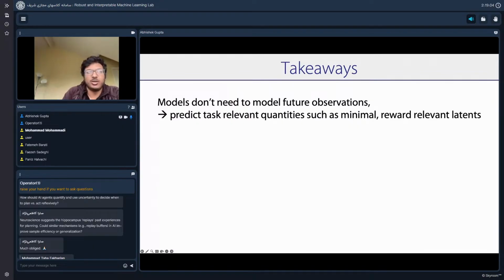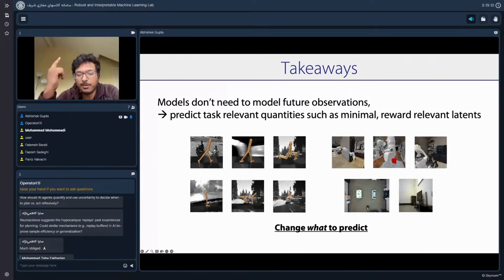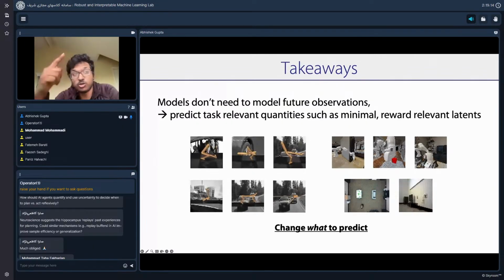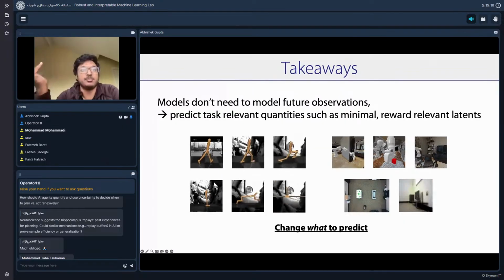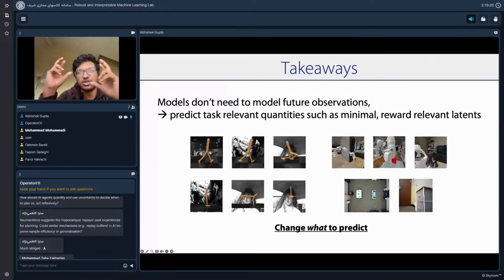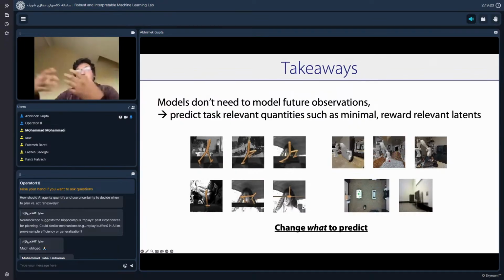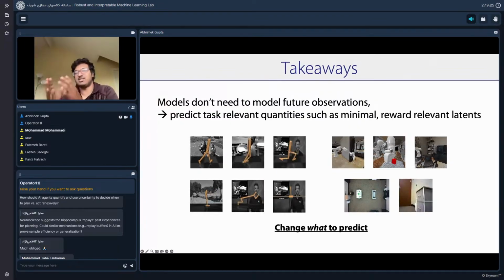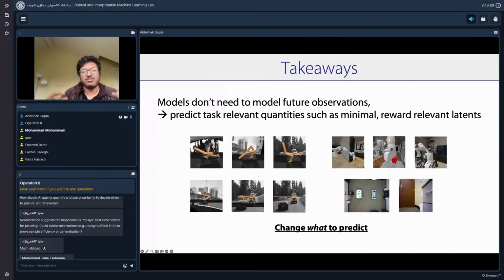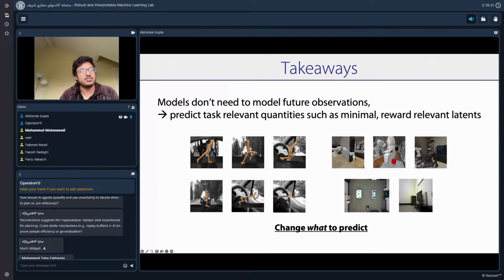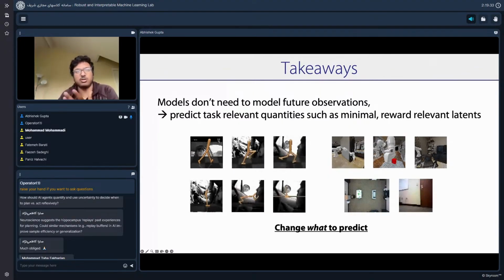We introduced this information bottleneck approach to do this, and essentially what it boils down to is representations that are predictive of current and future reward while minimally predicting things that are unpredictable. So you're changing what to predict from just predicting future frames to predicting just the things that are necessary for decision making. That defines a new style of world models, world models that are focused on decision making.